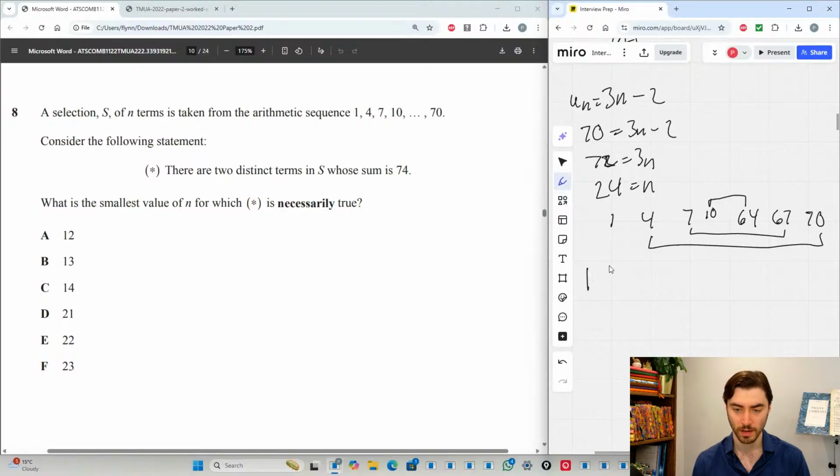There's the number 1, and then there are 22 numbers that exist in pairs, the lower numbers and the upper numbers.